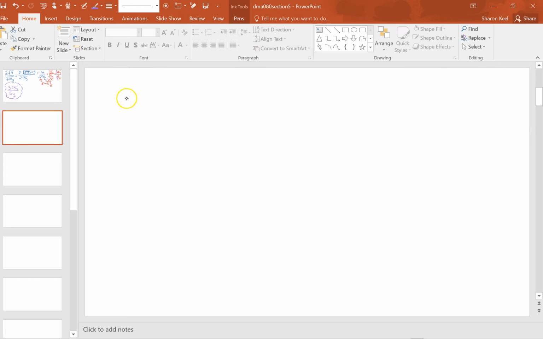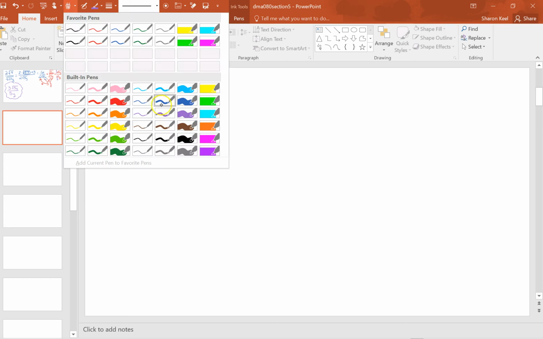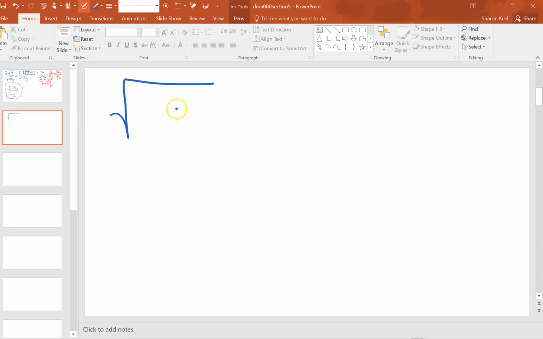Let me write down what I had a moment ago. When you have a square root sign, and you have the radicand underneath, and we want to simplify, in here would be the index.